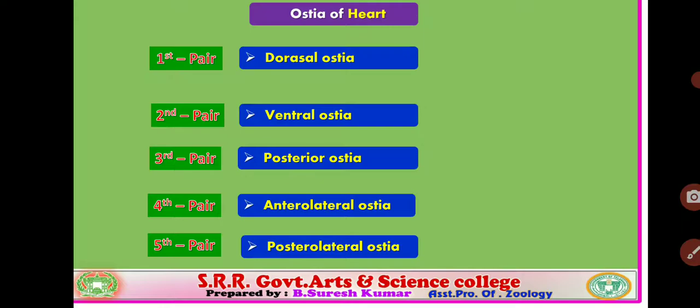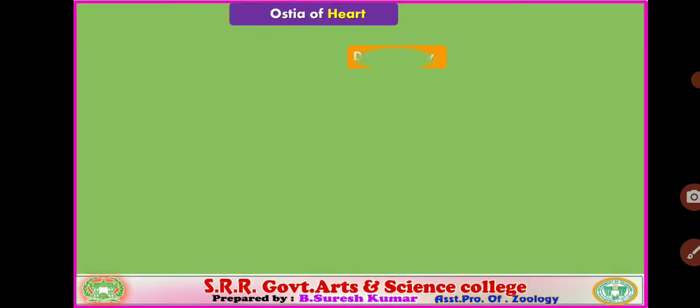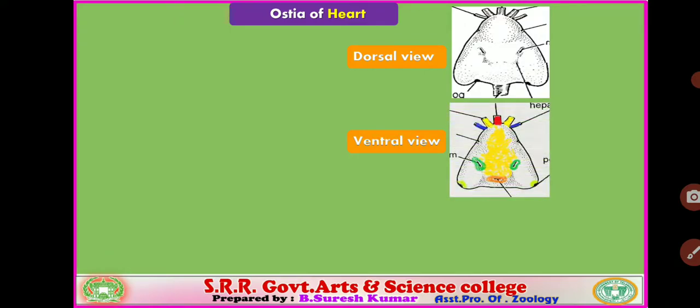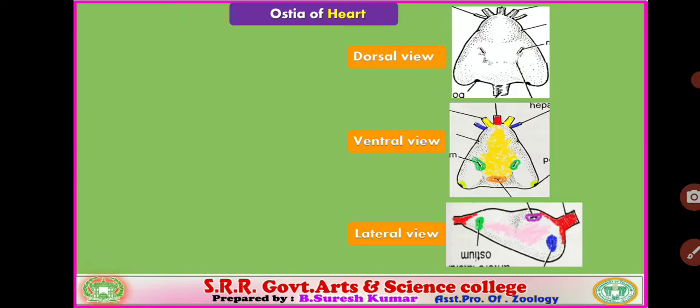Yes, let us see the location of all these ostia in the wall of the heart in detail. So first, you observe, this is the dorsal view of the heart, the ventral view of the heart and the lateral view of the heart. Alright.